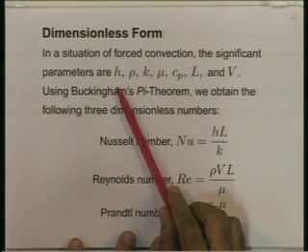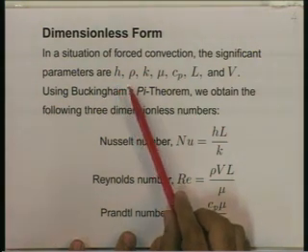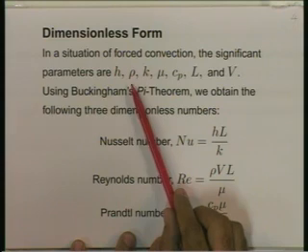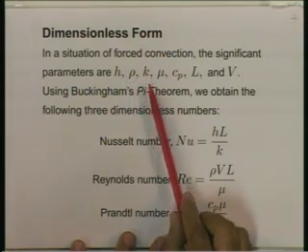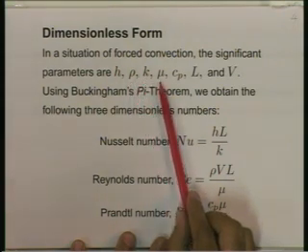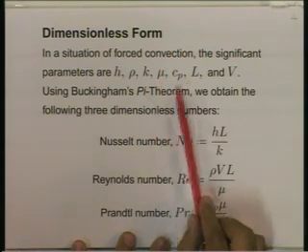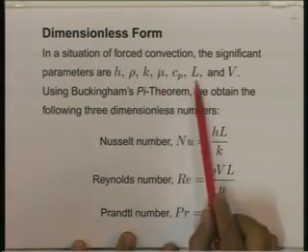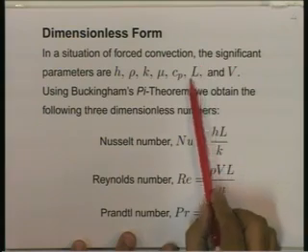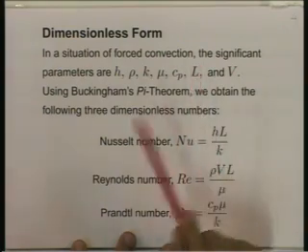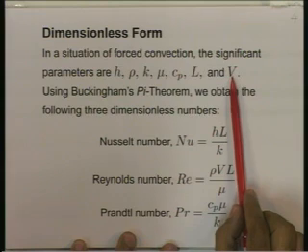In a situation of forced convection, the significant parameters turn out to be the heat transfer coefficient, properties of the fluid, namely density, conductivity, viscosity. Here I have used dynamic viscosity, specific heat. Some geometric parameters, I have just included L as a reference length, and the flow parameter, the velocity of the fluid.